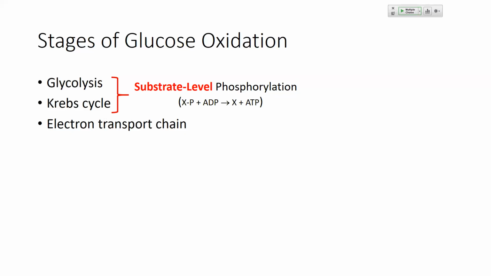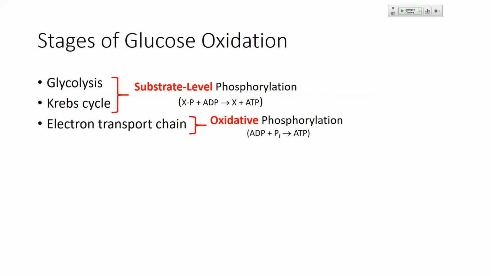Stealing. Perfect. Thank you. So we're stealing a phosphate from some molecule. In this example, it's molecule X, and we're taking its phosphate, we're putting it onto ADP, and we're making ATP, and now that molecule goes off without its phosphate. And examples of this are glycolysis and the Krebs cycle. The Krebs cycle is also called the TCA cycle or the citric acid cycle. All three of those names are interchangeable.